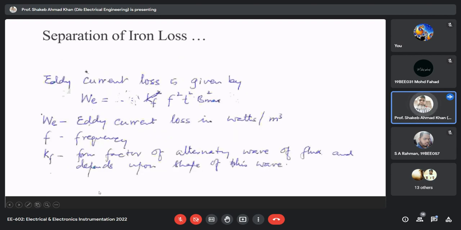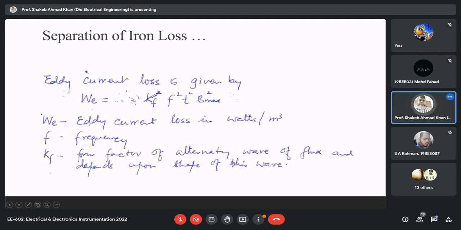As far as eddy current loss is concerned, it is directly proportional to the constant and the square of the flux density, and t stands for the thickness of the laminates. It is also directly proportional to the square of the frequency and to the form factor.